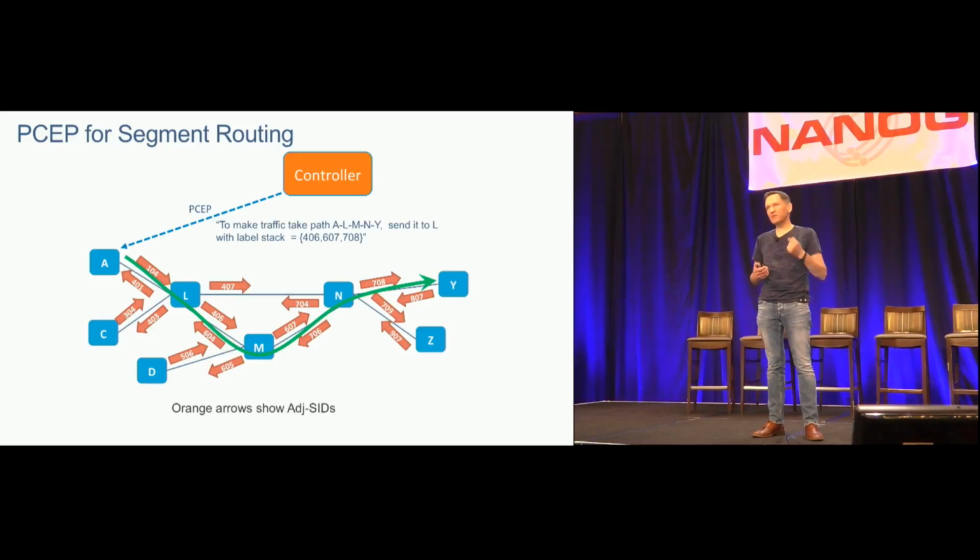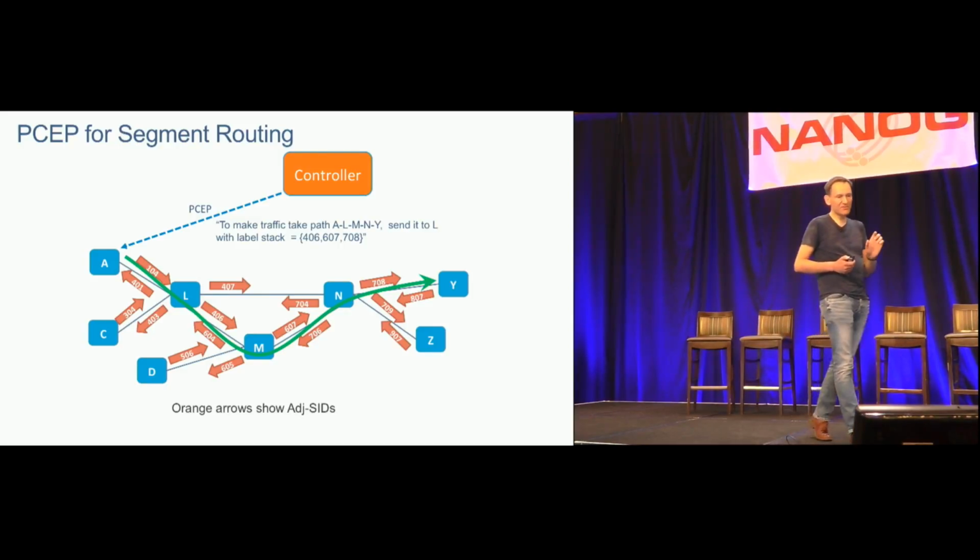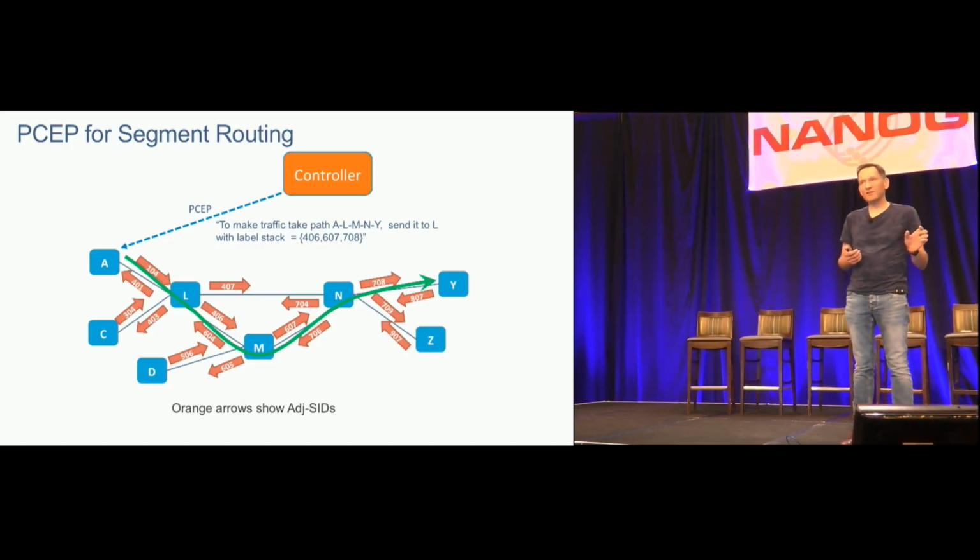And so the controller's been asked to compute this LSP, shown in green. Perhaps it's the lowest latency path between A and Y. It's computed the path as ALMNY. It's looking at what the adjacency labels are on each link, which it knows through BGP-LS. And so to make the traffic follow that path, you need a label stack 406, 607, 708.